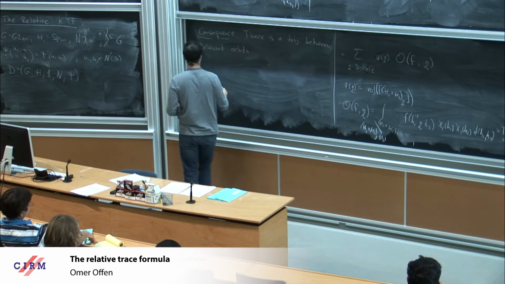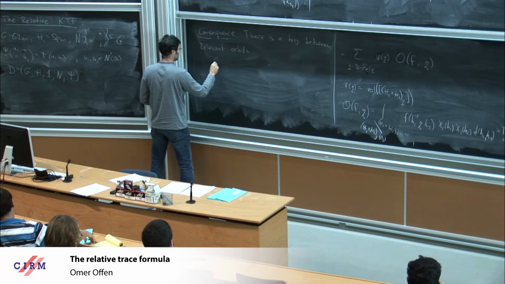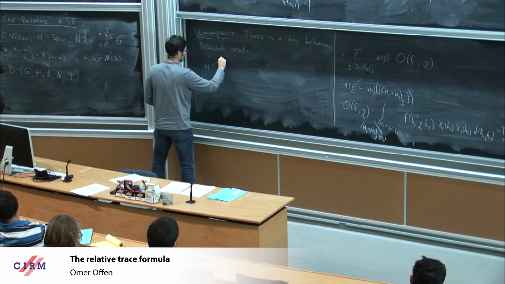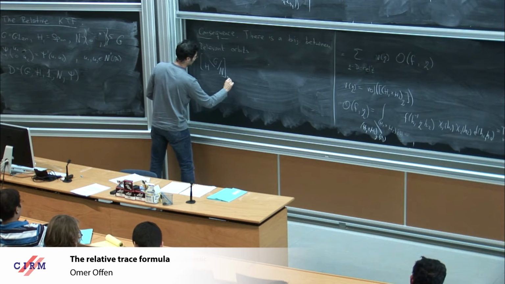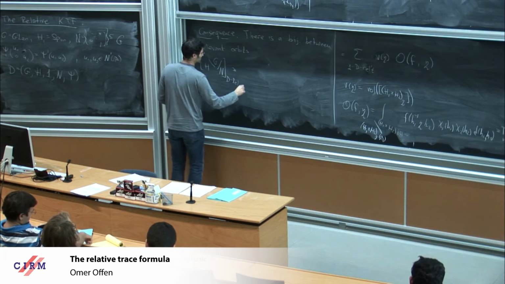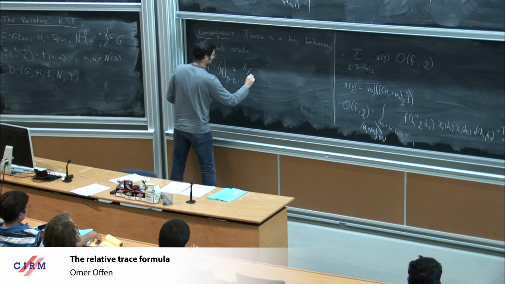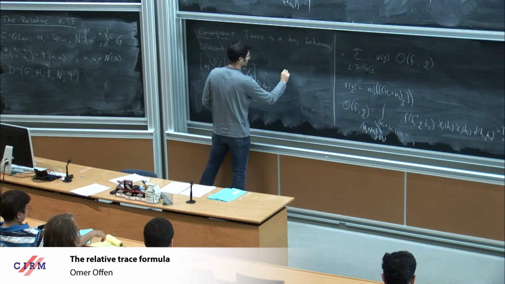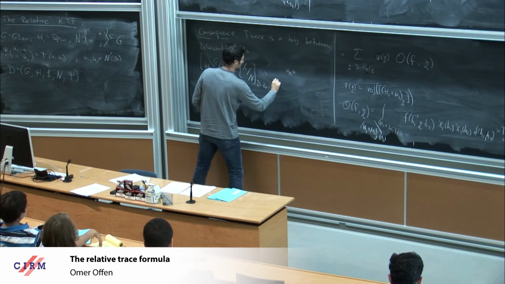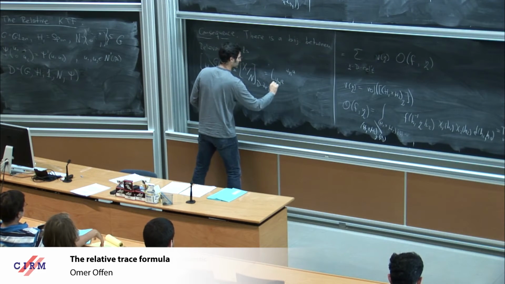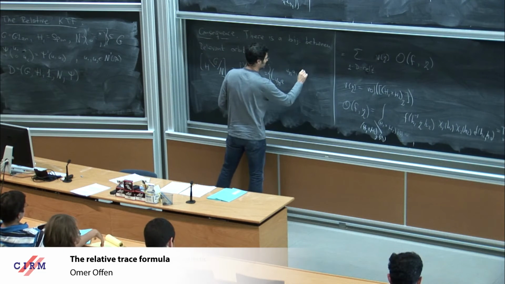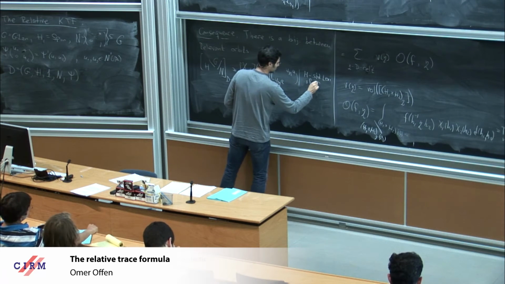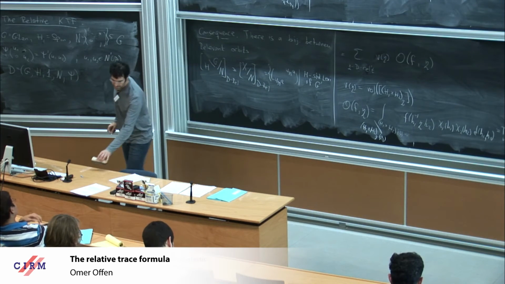Okay, so if we look at G mod H mod N, D relevant, we know this is bijective with X mod N, D relevant. These are all matrices of the form WMA minus WMA, where M is a standard Levi of G prime of GLN, right?